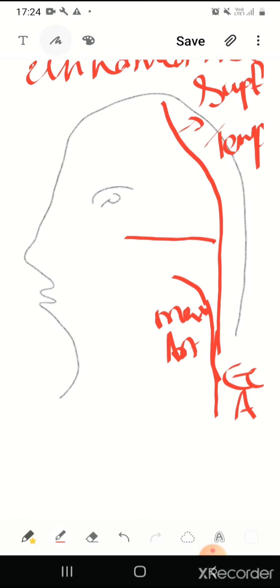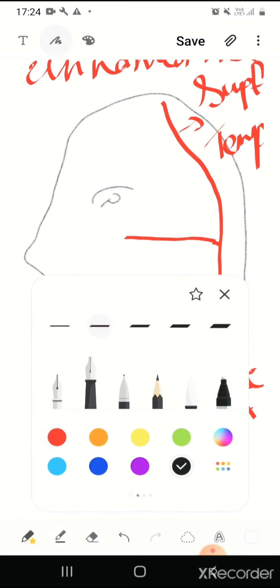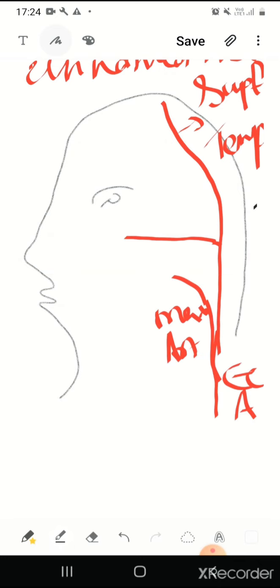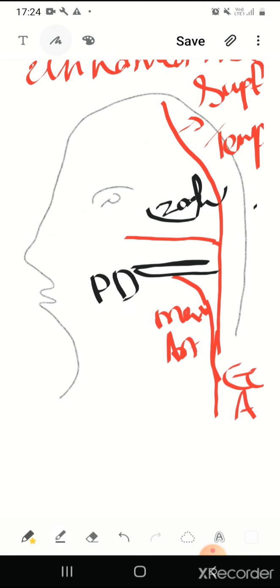Okay, and then we have to learn about the relations. In textbooks many relations are mentioned, but we just need to know two things. It is lying between the zygomatic arch above and the parotid duct below.